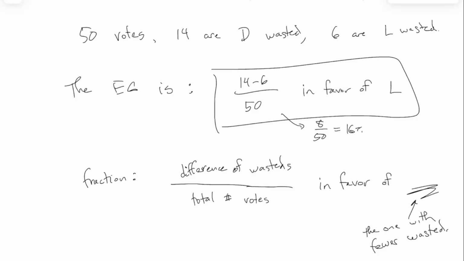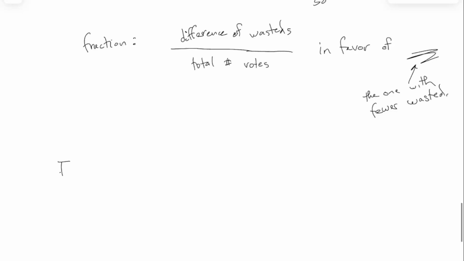And so you can look at various maps in real life, and you can compare their efficiency gaps one with another and see which ones are more fair. Big number here is bad. So an efficiency gap of 0 is theoretically the lowest that it could be. Efficiency gap of 0% indicates no advantage for either party.